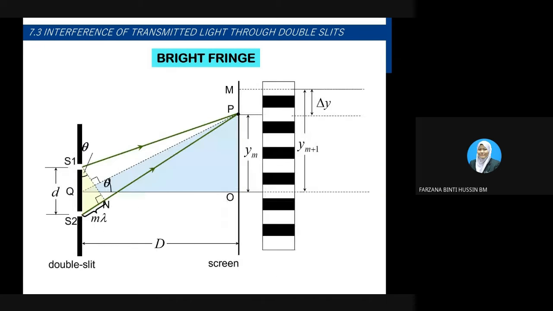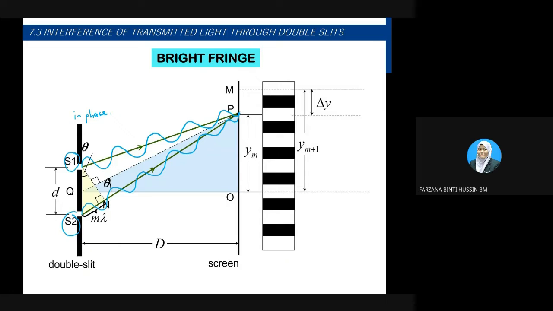So how do we produce a bright fringe? Let's say we have two coherent sources, source 1 and source 2, and both are in phase. In phase means they start from the same point, starting from the crest.